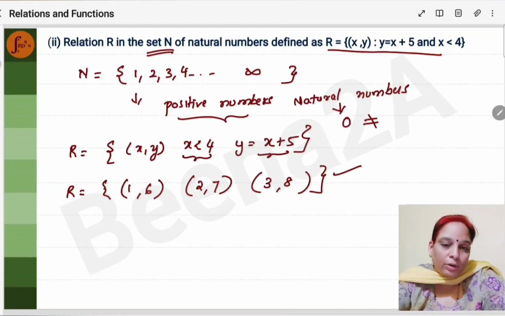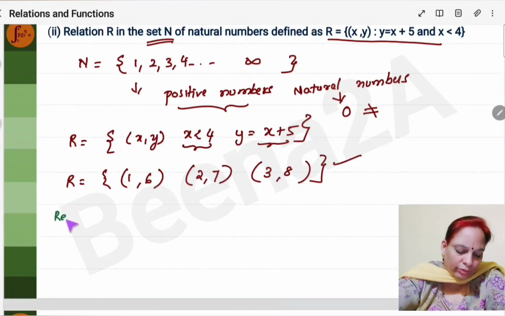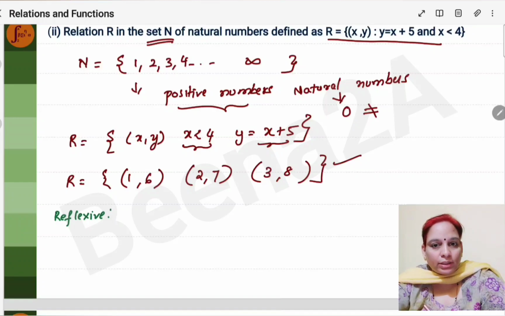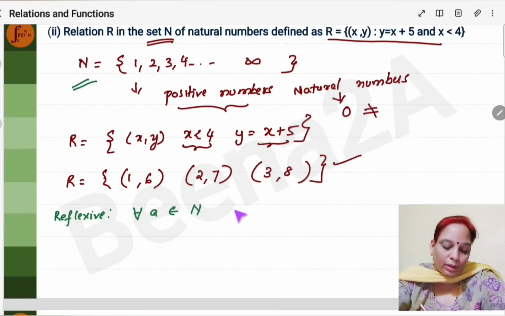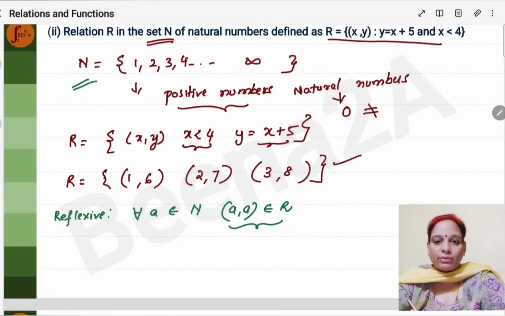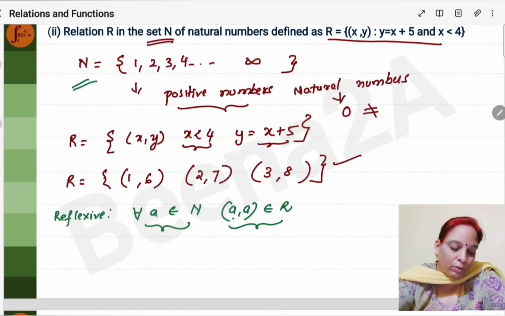Now we'll have to find out if this is reflexive, symmetric and transitive. So first one is reflexive. What is the condition for reflexive? For every element A belonging to set N, A comma A should belong to R. This is the condition for reflexive. Now here you have 1, so you should have 1 comma 1.